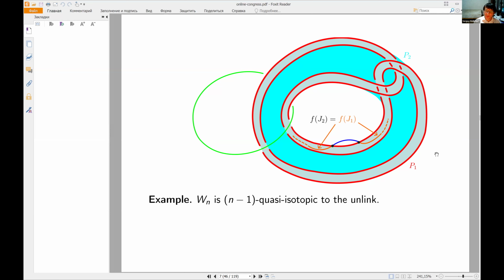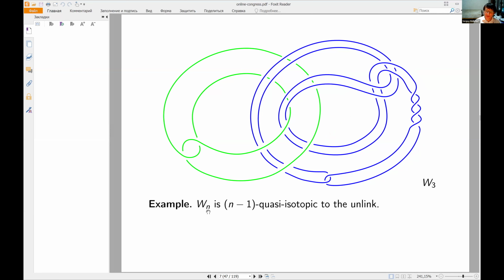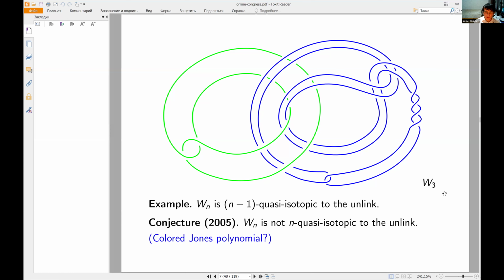And in the same way, you can show that iterated Whitehead link Wn is n-1 quasi-asymptotic to the unlink, but it needed to be untwisted because the symmetry of the Whitehead link works only for the untwisted Whitehead link, left-handed or right-handed.